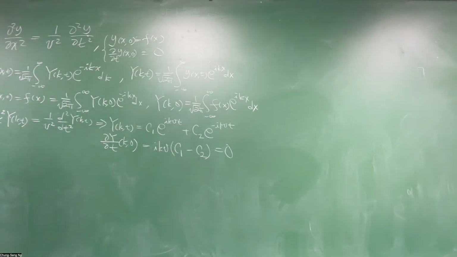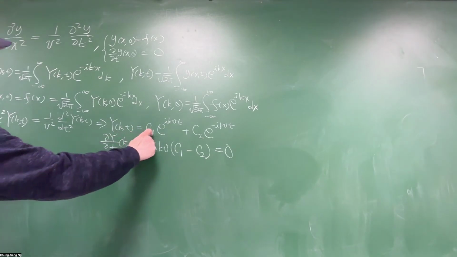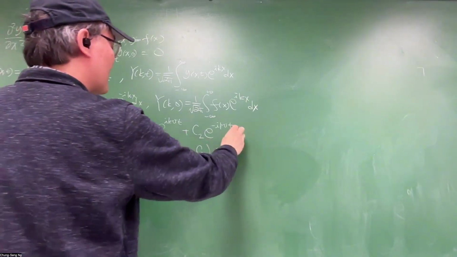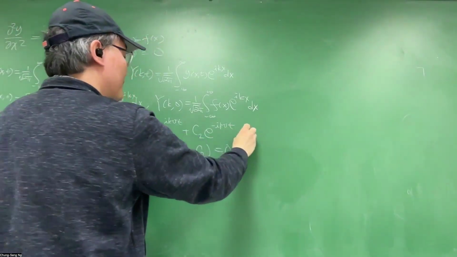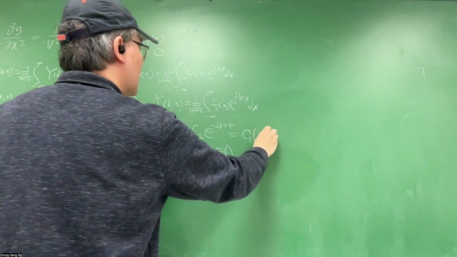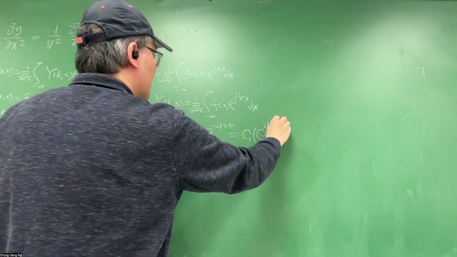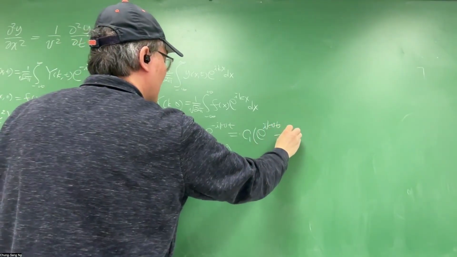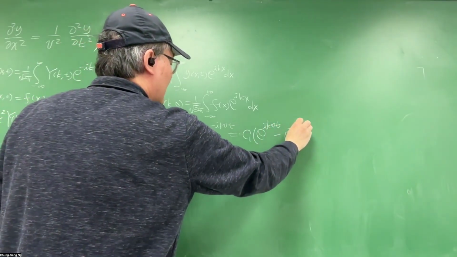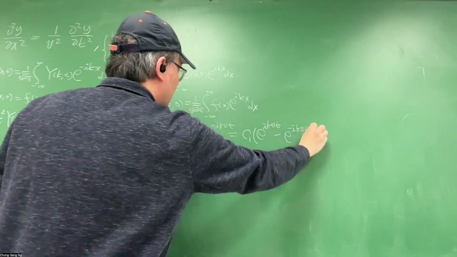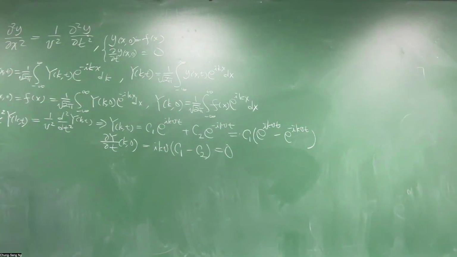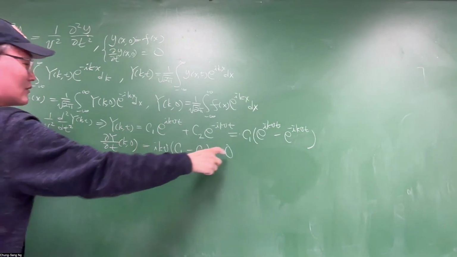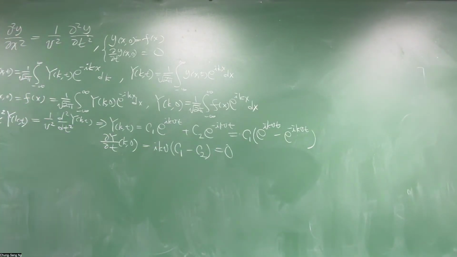That may or may not simplify things, but that's okay. It saves a little bit of writing, so instead of two unknown coefficients, you have one unknown.